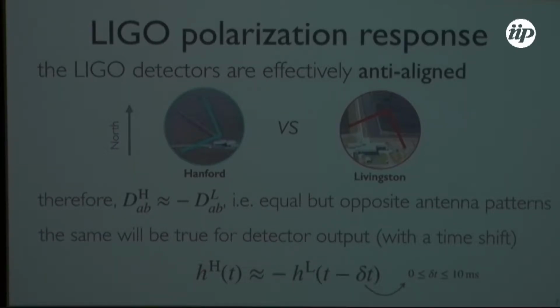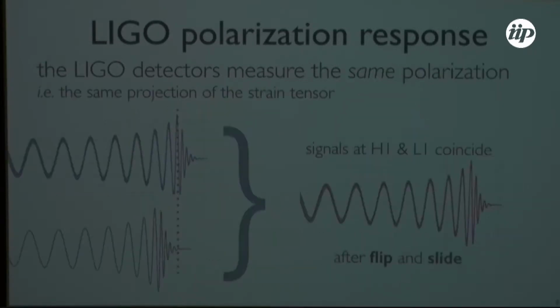For GW150914, this was something like 7 milliseconds because it didn't really come from that direction exactly. Okay, so just visually, you will get some strain at the two detectors as a function of time, and if you just look at it, they basically look the same, except one of them is flipped. So you can flip it and time shift it, and then you'll get the same waveform, the same output in both.